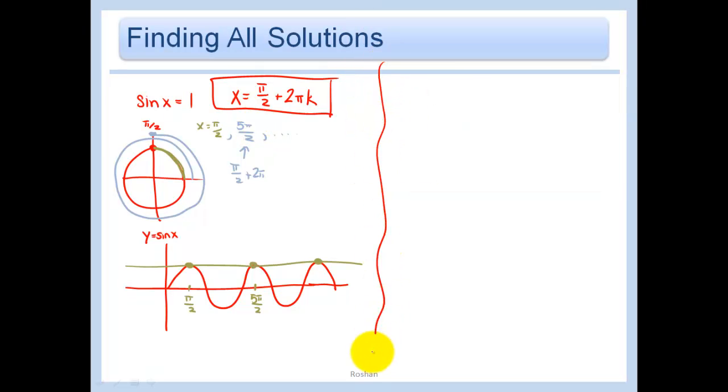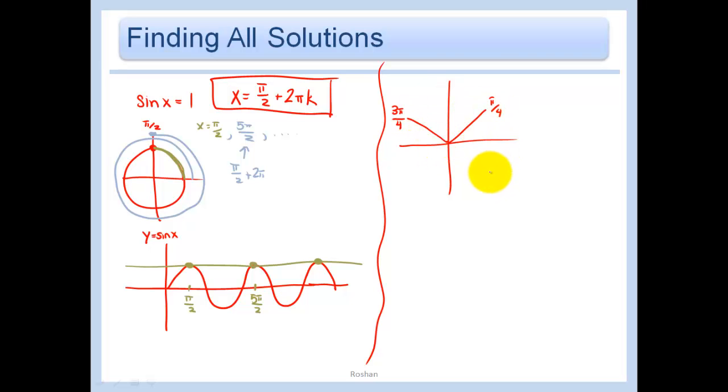Let me just highlight a couple more examples. What if I had an answer like here, pi over 4, and also here, like 3 pi over 4. So I'm not talking specifically about the solution right now. I'm just saying, how would I write all solution sets that lie here and here?